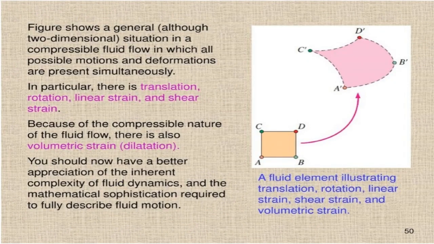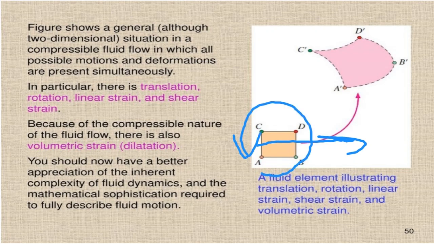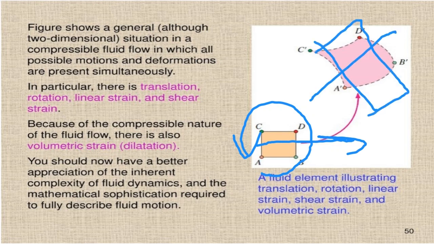As you can see, a fluid particle, as it moves along a path, can have 4 kinds of motion. It can first translate like this. It can rotate about itself. It can have strain, like it can elongate or contract, and also it can have shear strain.